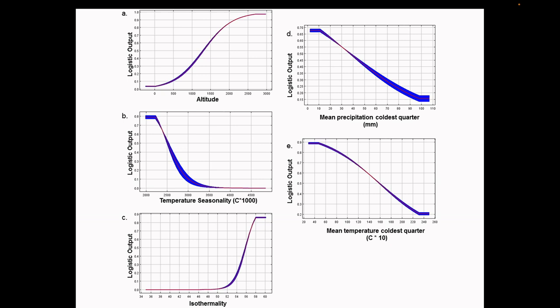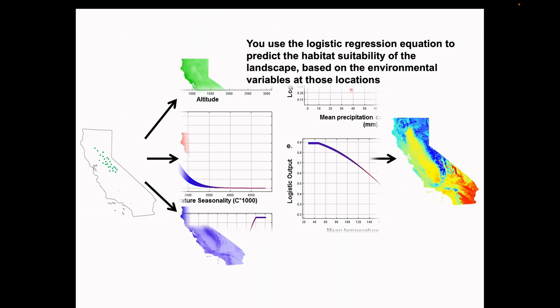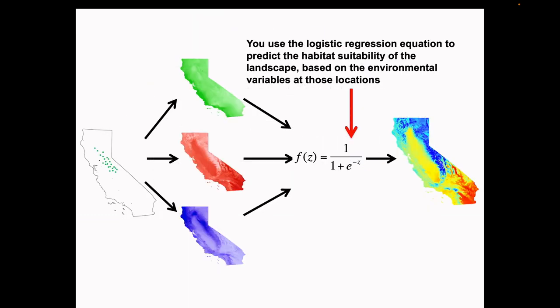And this is based upon logistic regression. So you use this simple logistic regression to predict the habitat suitability of the landscape based on where you found the species, where you did not find the species, and what the environment was like at those locations.